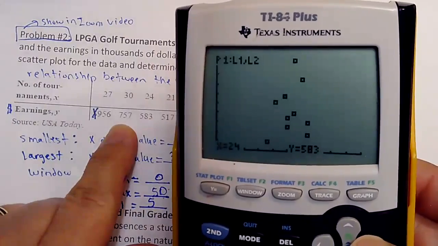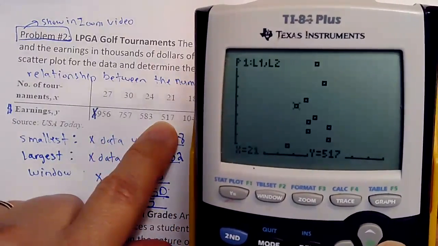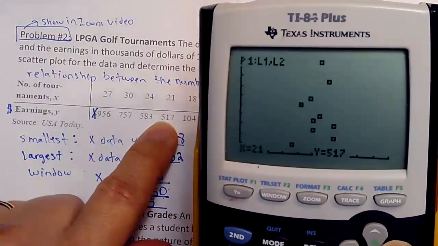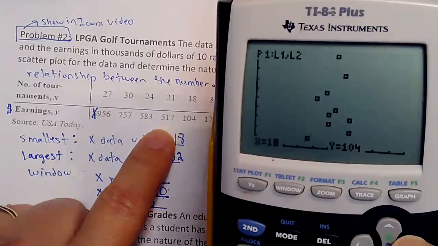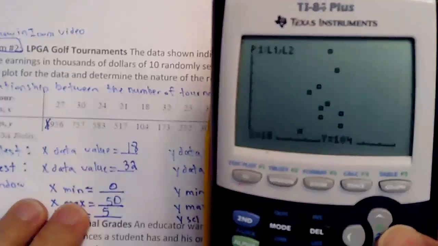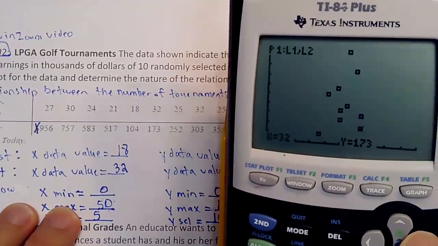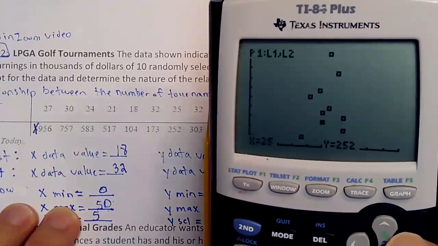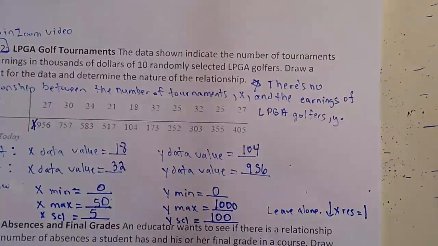There's your 24,583. There's your 21,517. Down here is your 18,104. 32,170. So there are your coordinates there. Sometimes a trace can be helpful for you. So I'm just going to make a note of that.